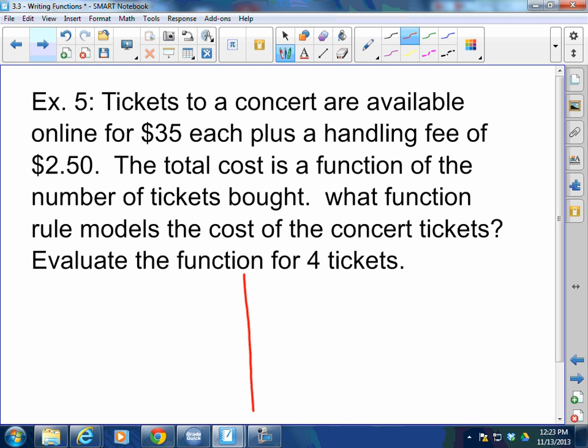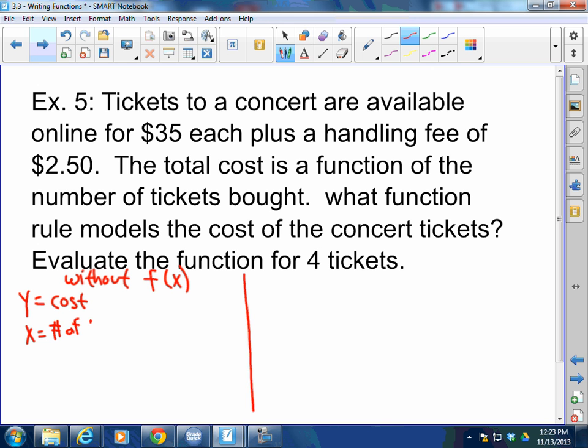So, without function notation, without f of x. Okay, label, label, label. What's my y and what's my x? Y is the cost. Thank you. What's my x? The number of tickets.